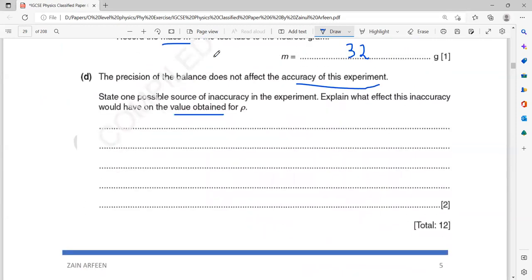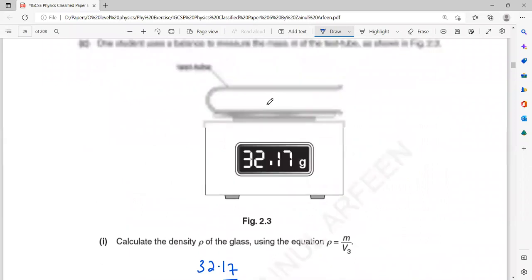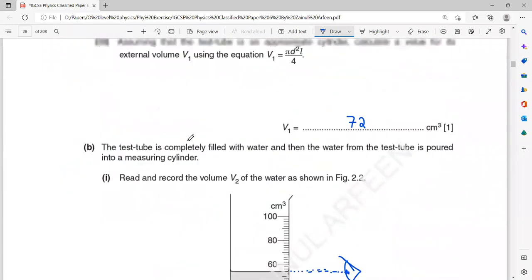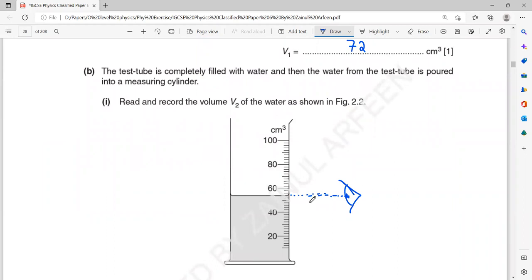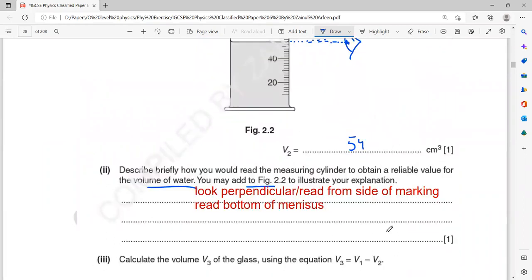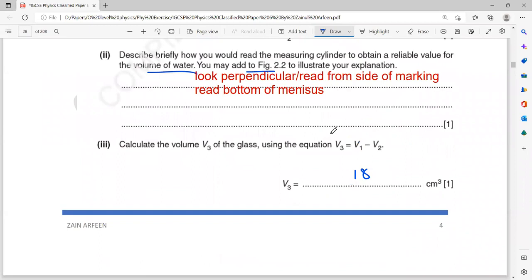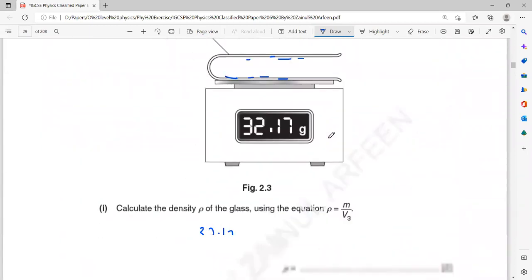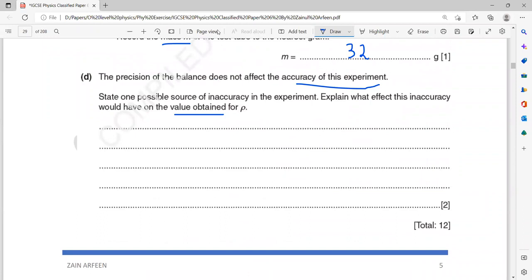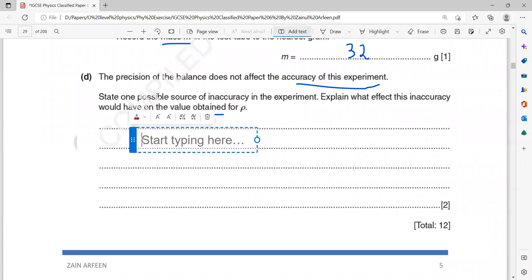So what are the possible sources of the errors? Look, if the test tube is not completely filled, this volume V2 will come out small. So V1 minus V2 will be large, or V3 will be big. If V3 is large, the density will be low. So one of the possibilities is that the test tube is not completely filled.